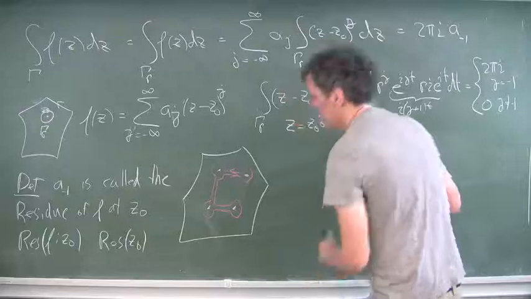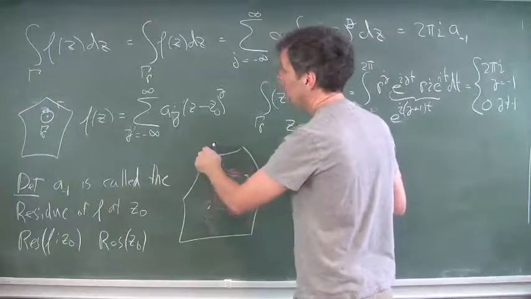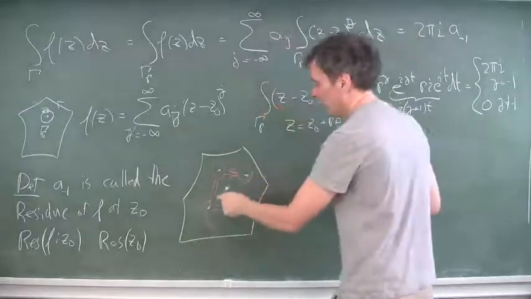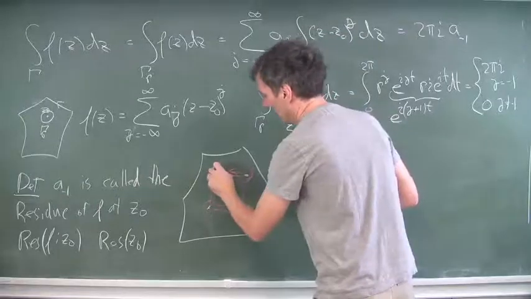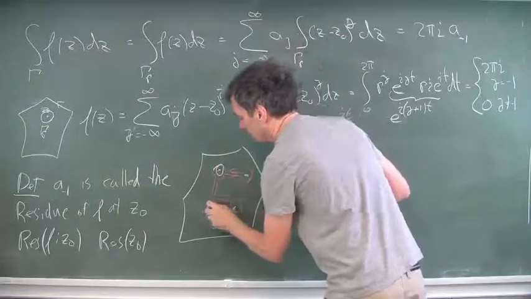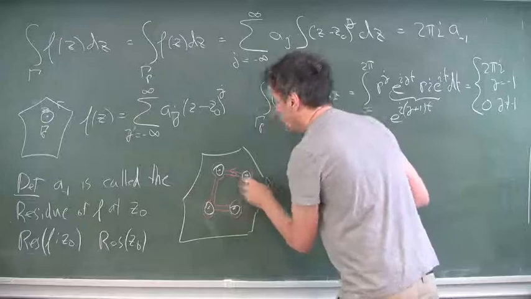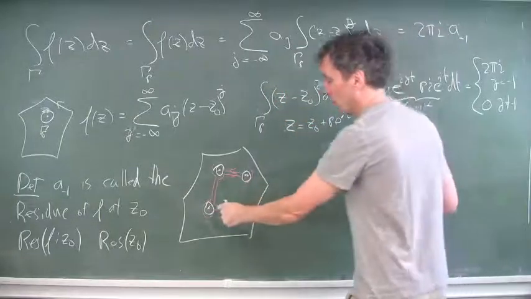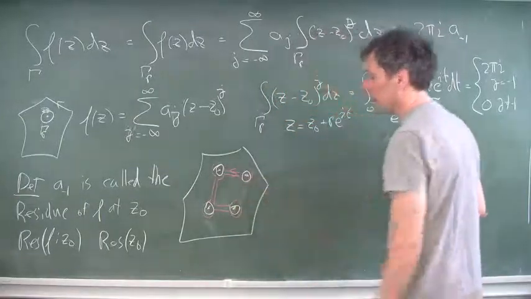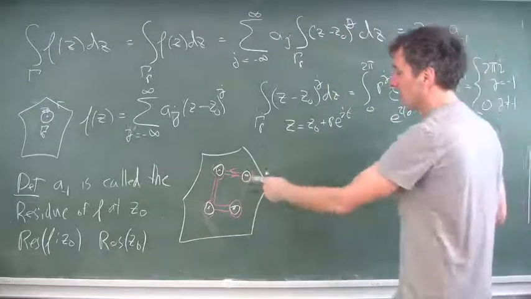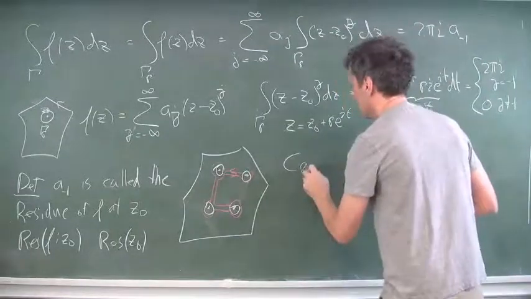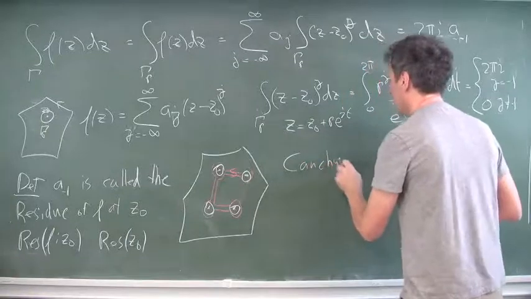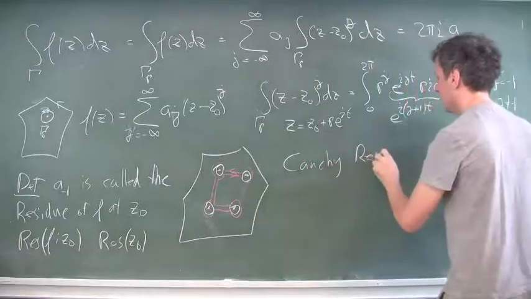So in the end, you will see that the contour integral over this with these four singularities will just reduce to the sum of four integrals over small circles around these points like this. And this is really the basis for the Cauchy residue theorem.